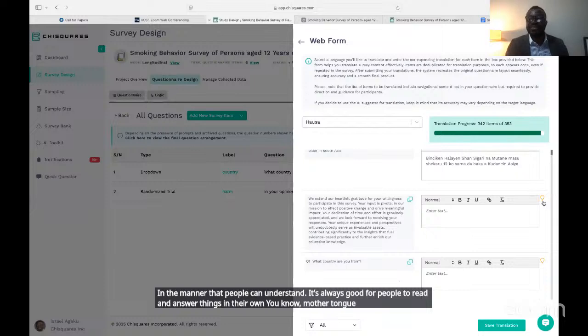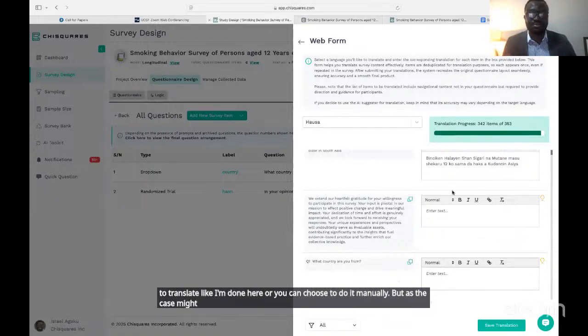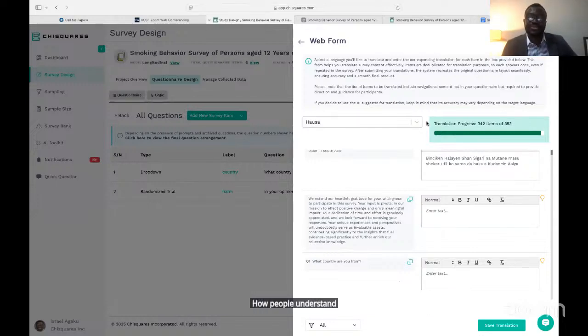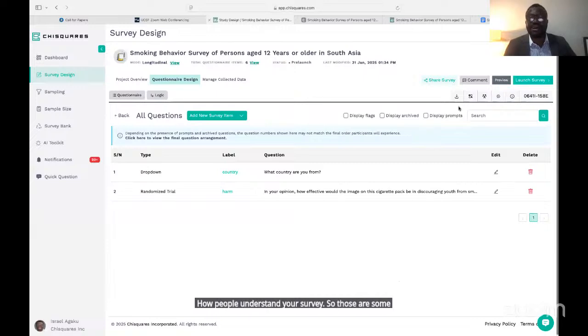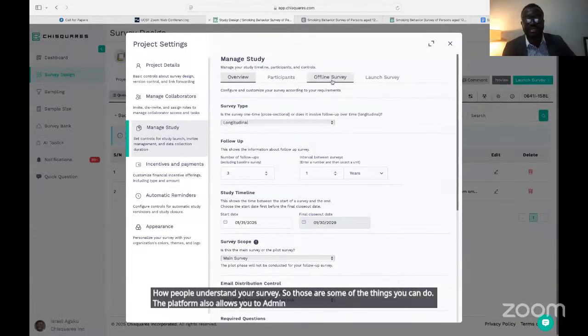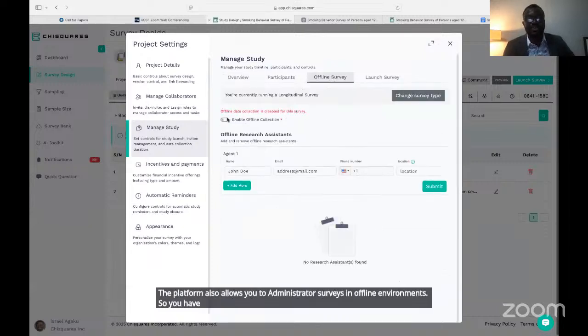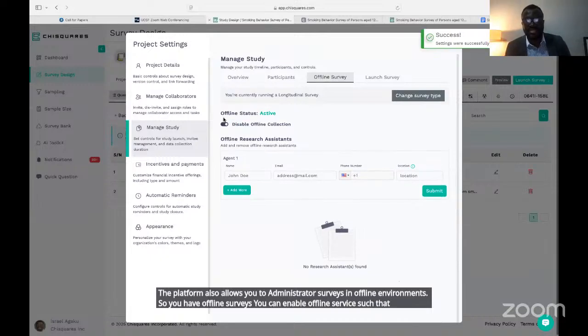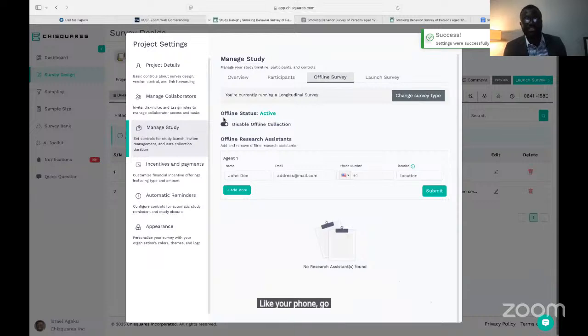You can use AI to translate, like I've done here, or you can choose to do it manually. Either way, you can use that to improve how people understand your survey. Those are some of the things you can do. The platform also allows you to administer surveys in offline environments. You can enable offline surveys such that you take your device, like your phone, and collect data where there is no internet.